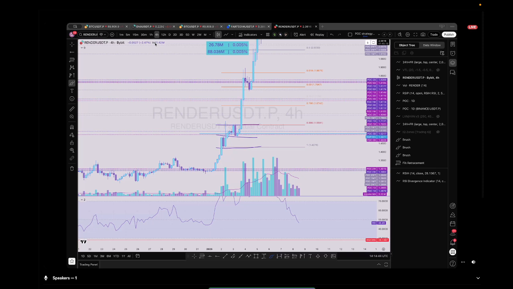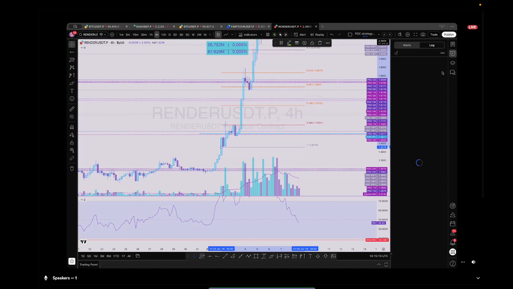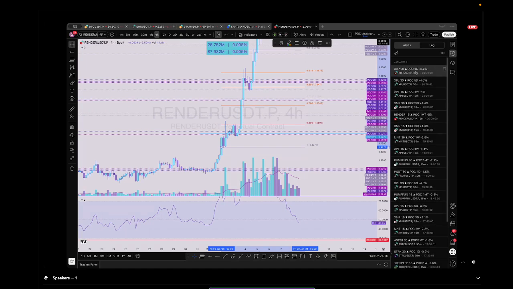Our stop loss will be tighter, but the winning rate will also not be very good. So that's why we stick with 4-hour or daily fibs, and 15 and 30 are the best for the divs and the RSI, for the execution. Okay, so we say this is not interesting.